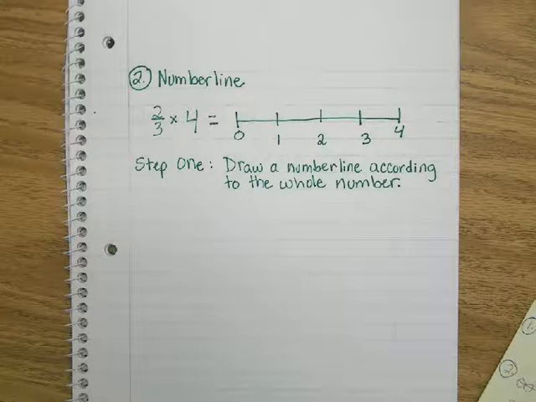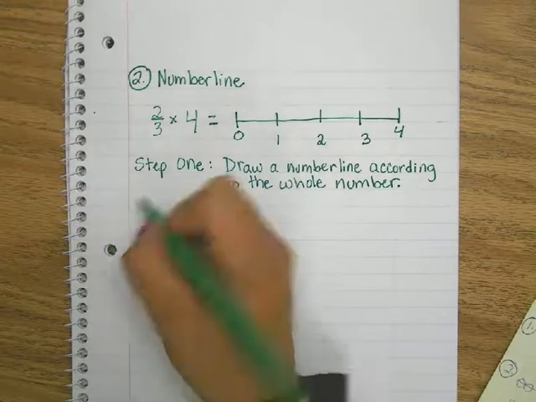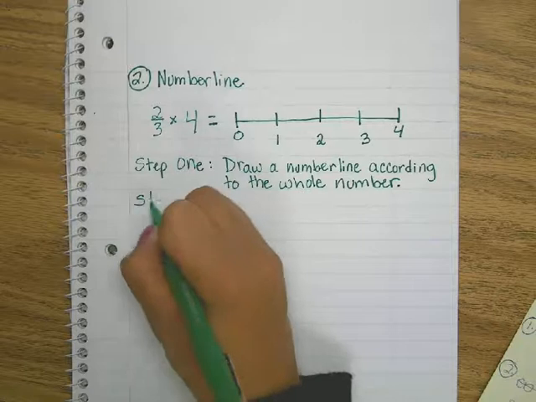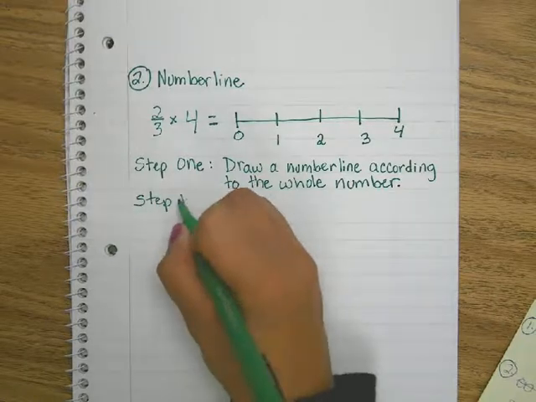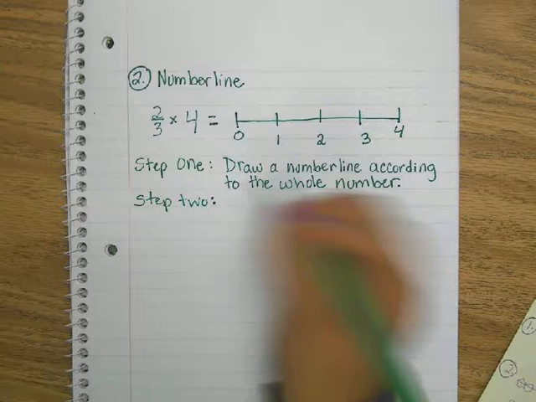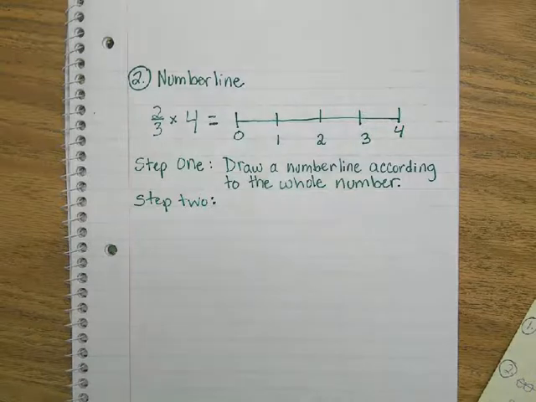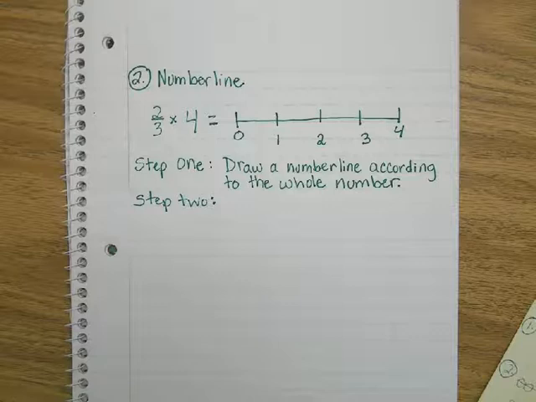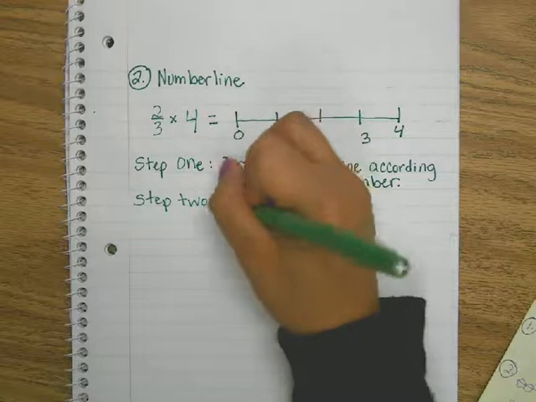Step 2. Step 2 is to divide the number line according to the denominator. I'll show you what that means in a minute.